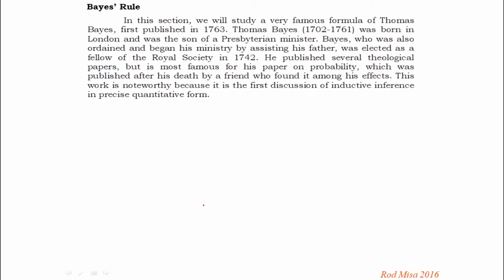He published several theological papers, but he was very famous for his paper on probability, which was published after his death by a friend who found it among his effects. And this work is very noteworthy because it was the first discussion of inductive inference in precise quantitative form.